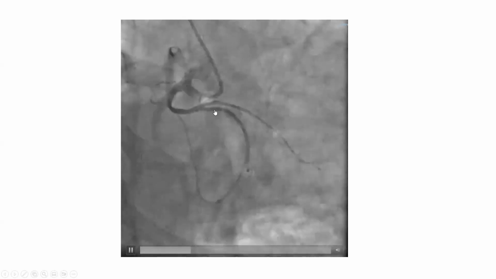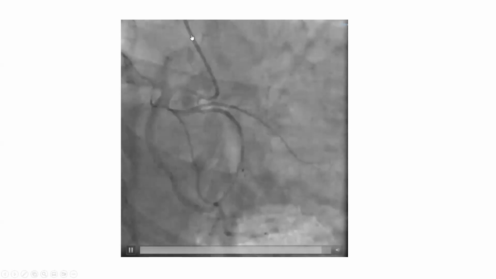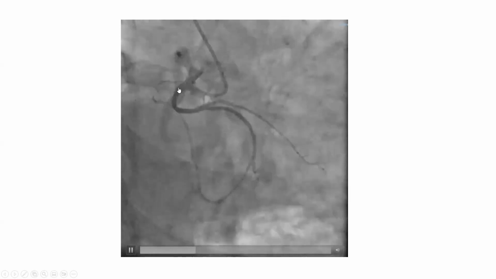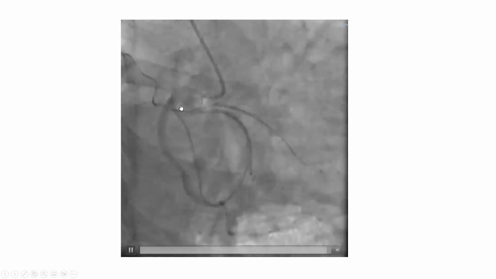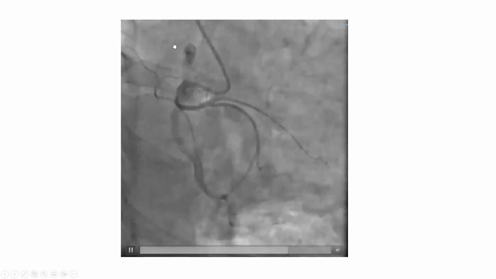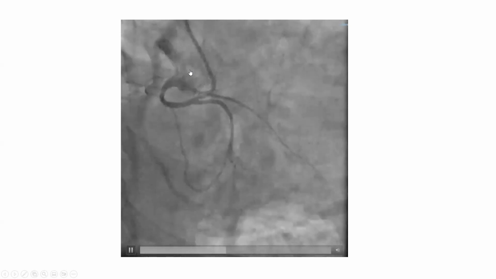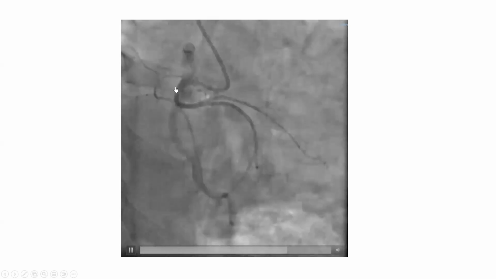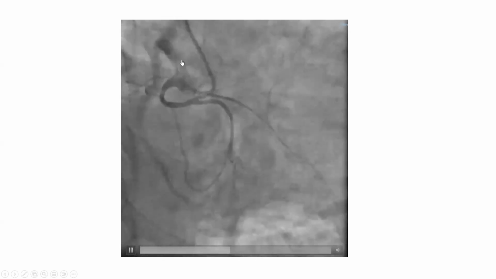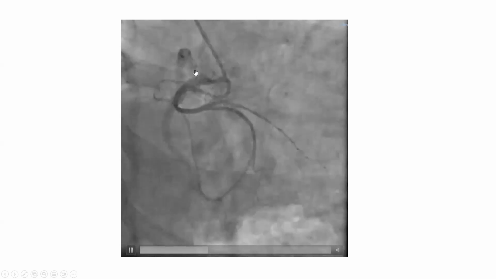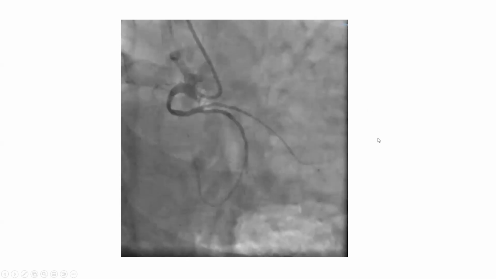So this is an RAO view. This is your aorta, where the catheter is and where you see some blush, okay? This is coursing behind the aorta in an RAO view. So this is a posterior course. And you can see some faint filling of the true RCA, because like I said, an anomalous circ or an anomalous left main coming from the right cusp will usually be close to the RCA, so you can fill it non-selectively via the blush.